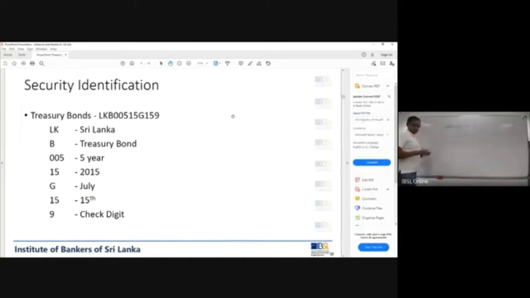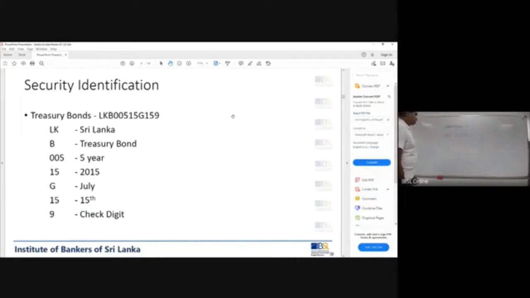Again, I'll break this up. LK once again means Sri Lanka. B stands for bond. A was bill, B is bond. 005 means when this bond was originally issued, it was issued for 5 years. 15 is 2015.